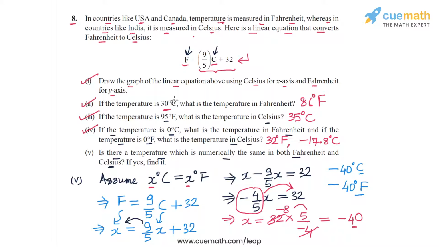For example, we found that the temperature 30 degrees Celsius is equal to 86 degree Fahrenheit. The temperature 35 degrees Celsius is equal to 95 degree Fahrenheit, and so on. But there is exactly one temperature which is minus 40 degrees Celsius, which also has the same numerical value in the Fahrenheit scale, minus 40 degree Fahrenheit. So that completes part 5, and with this we have completed question number 8.